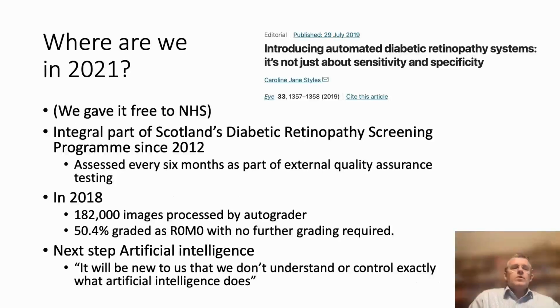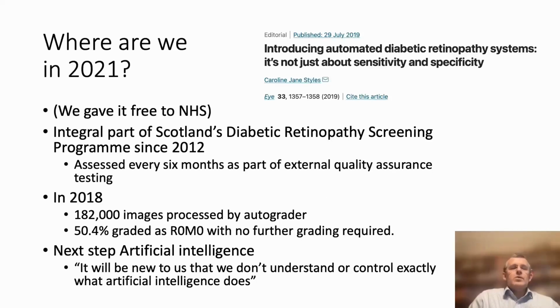So where are we in 2021? Well, since 2012, it's been an integral part of Scotland's retinal screening programme, and it's not just Grampian. The University of Aberdeen gave it free to NHS, and it has not led to any remuneration to myself or any of these bodies. However, we have had the satisfaction of actually seeing it in practice.